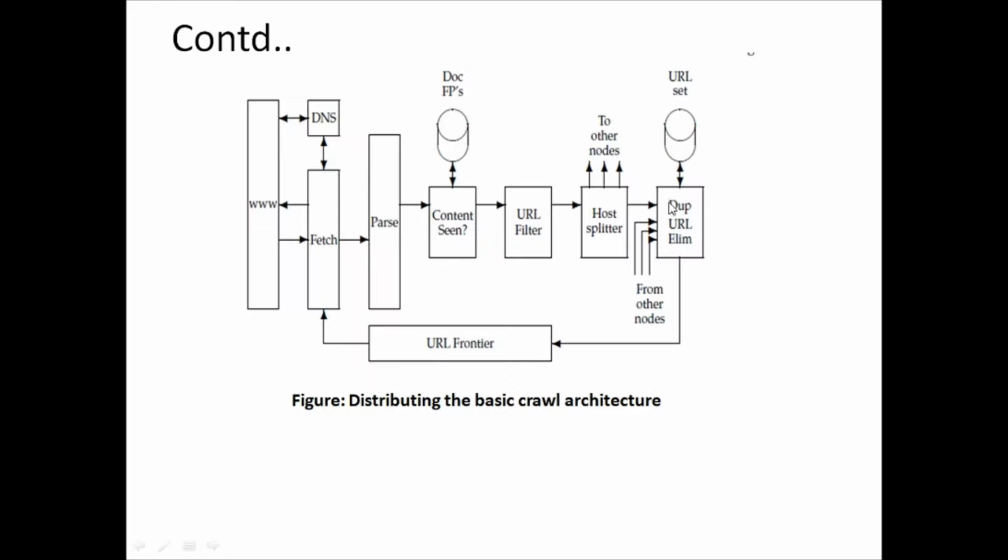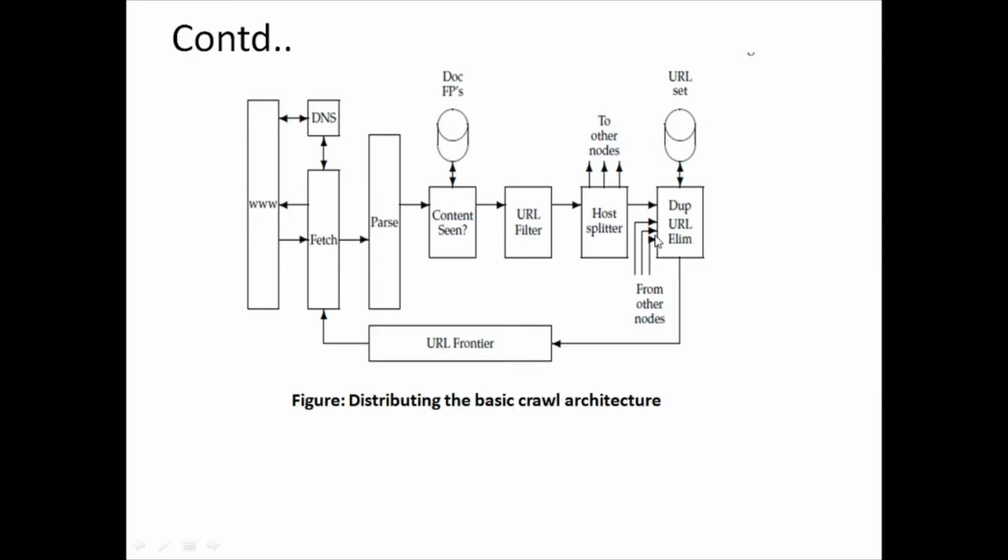Following the URL filter, we use a host splitter to dispatch each surviving URL to the crawler node that is responsible for that URL. Thus, the set of hosts being crawled is partitioned among the nodes. The output of the host splitter goes to the duplicate URL eliminator, and the input to the duplicate URL eliminator also comes from other nodes.